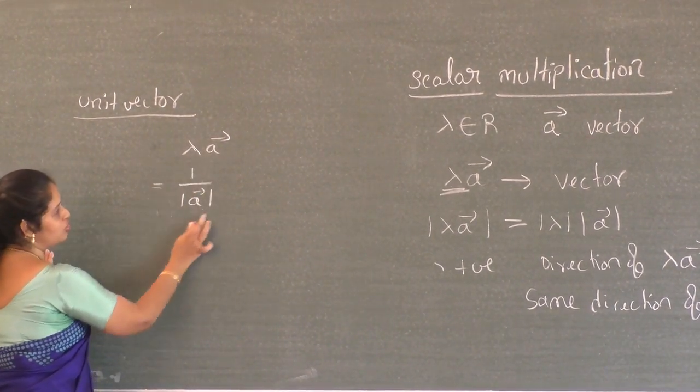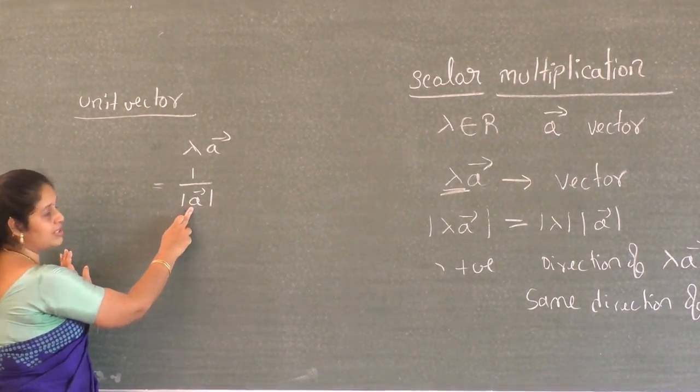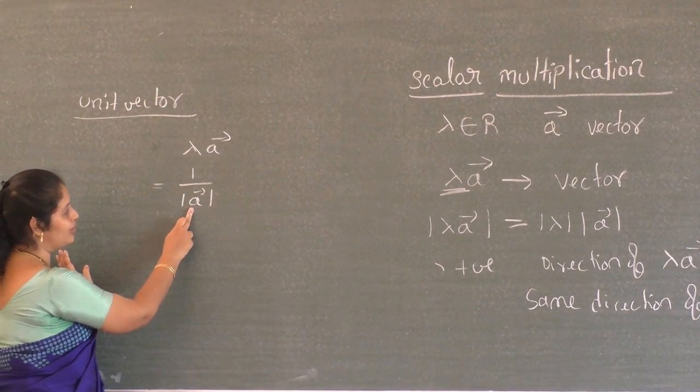So the number that we have chosen is a positive number, and the denominator is not equal to 0. That is clear.